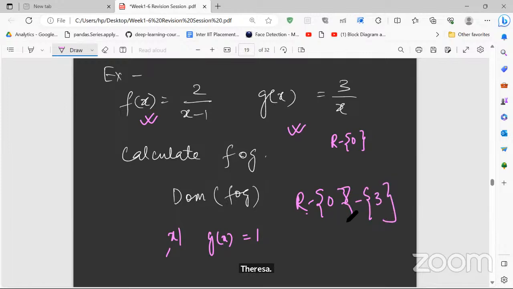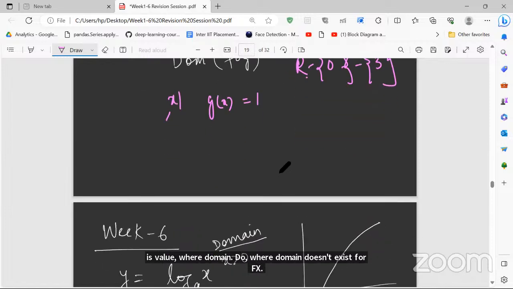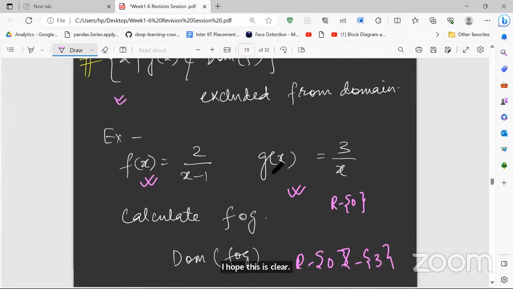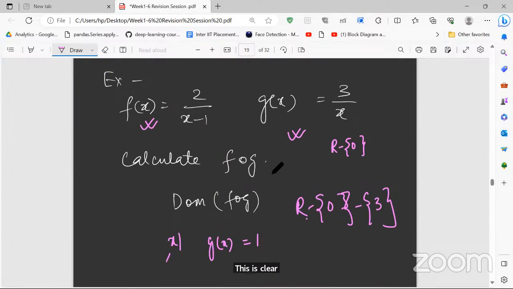0 we have removed from the first condition. From the second condition, we have to remove all such x where g(x) equals those values where the domain doesn't exist for f(x). I hope this is clear. Should I repeat it? Why 3? It's not clear, sir.